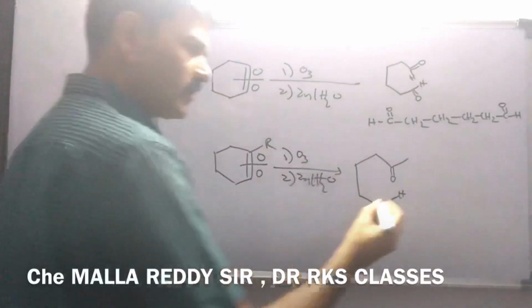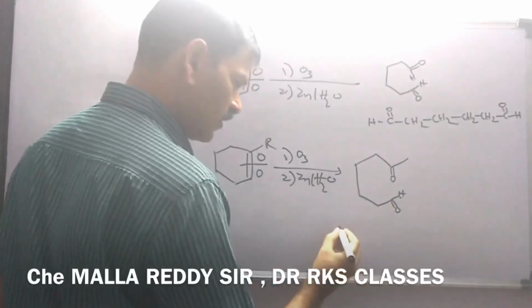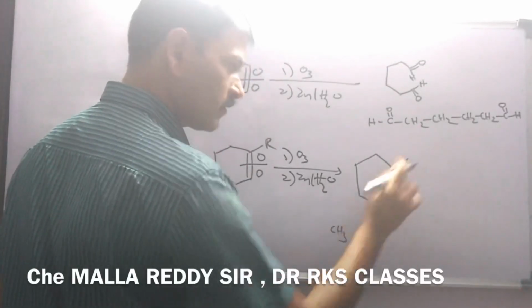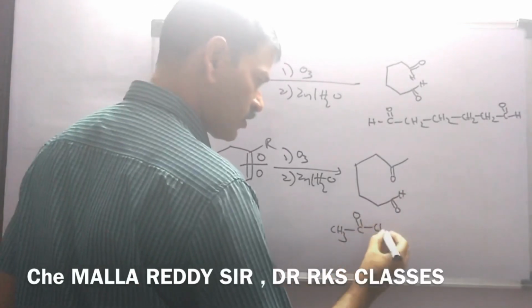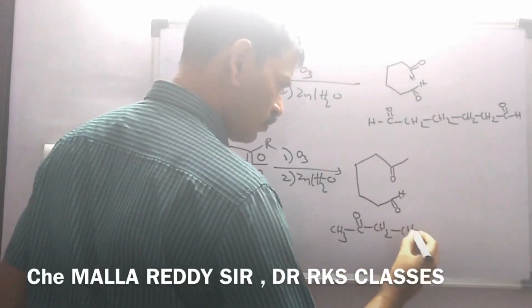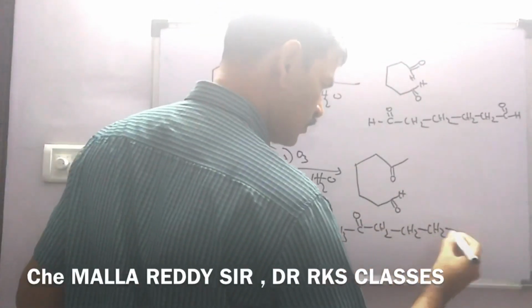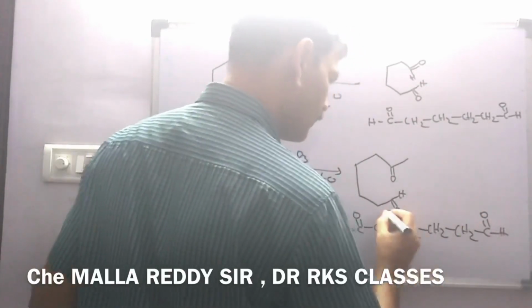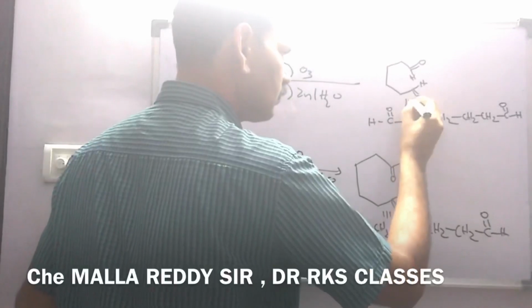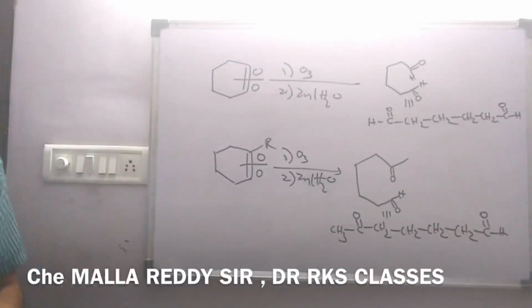This is nothing but CH3, C double bond O, CH2, CH2, CH2, CH2, C double bond OH. These compounds are obtained. So this is reductive ozonolysis.